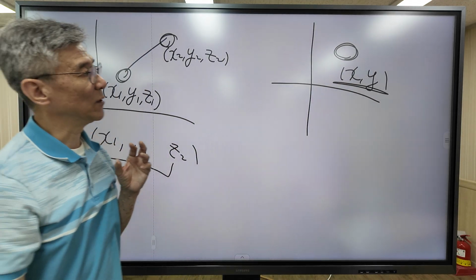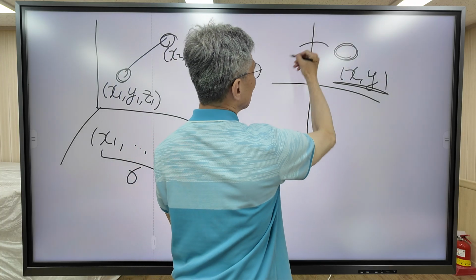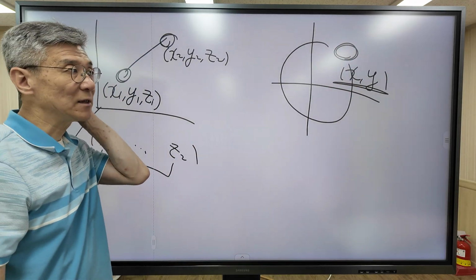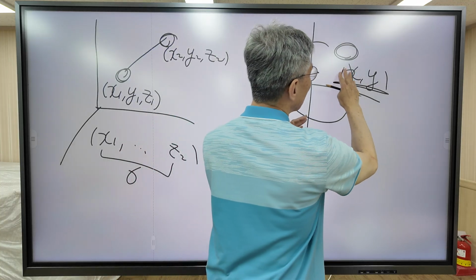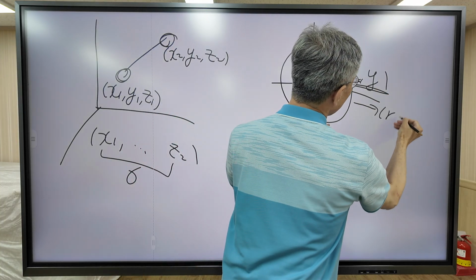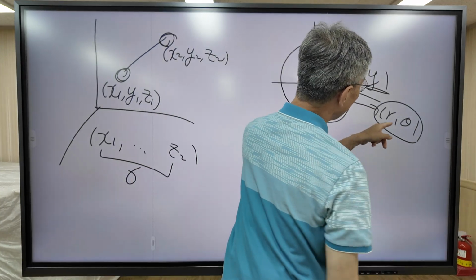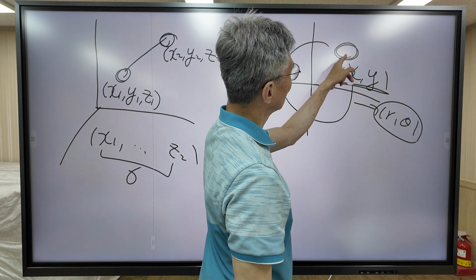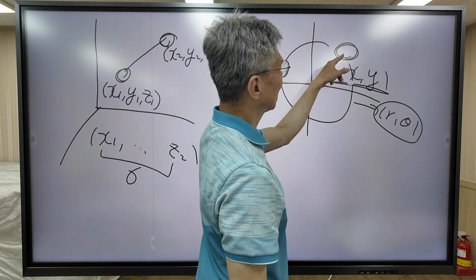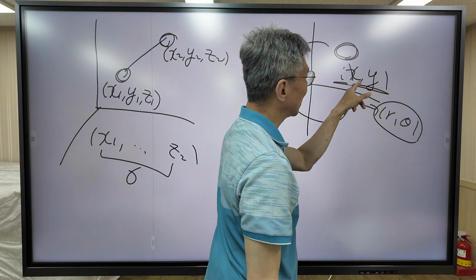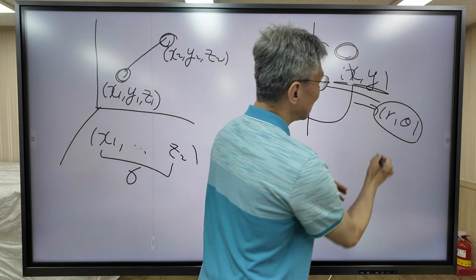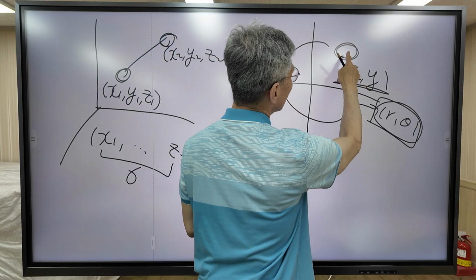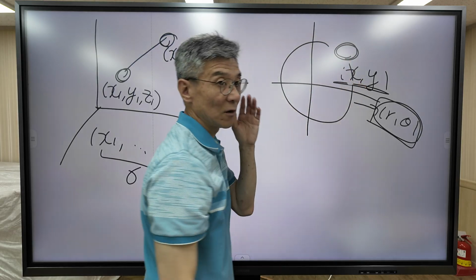But what happens when the particle moves in a circular motion? Then it is natural to use polar coordinates. It is a more convenient coordinate system to describe a particle in circular motion rather than rectangular coordinates.